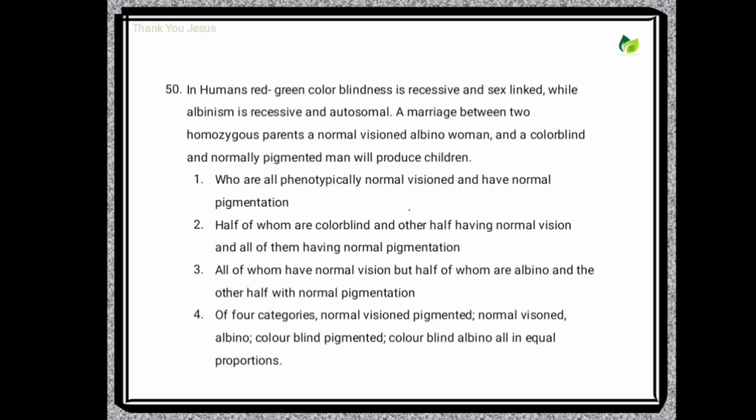Let's see the last question. In humans, red-green color blindness is recessive and sex-linked, while albinism is recessive and autosomal. A marriage between two homozygous parents, a normal-visioned albino woman and a color-blind, normally pigmented man, will produce children. Here I am going to give you the answer with explanation.